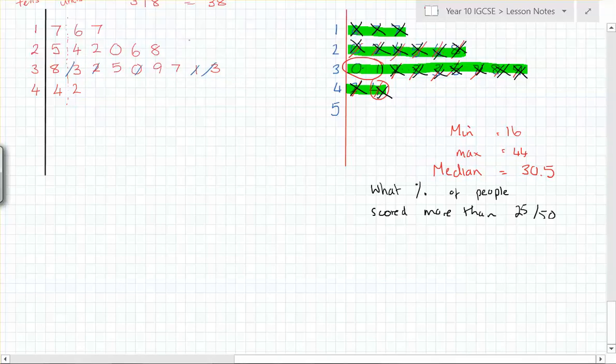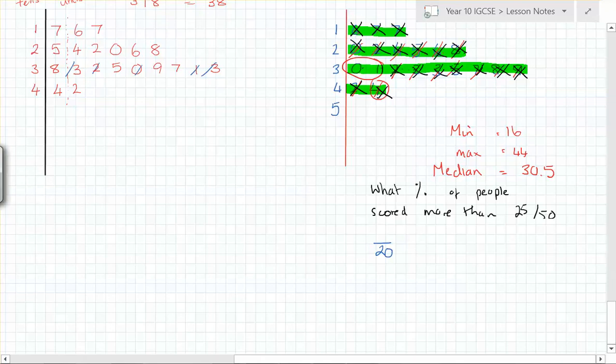I don't want an answer. I want a method. Basically, there's 20 people, so it's out of 20. And I need to know how many scored more than 25. One student equals 5%.